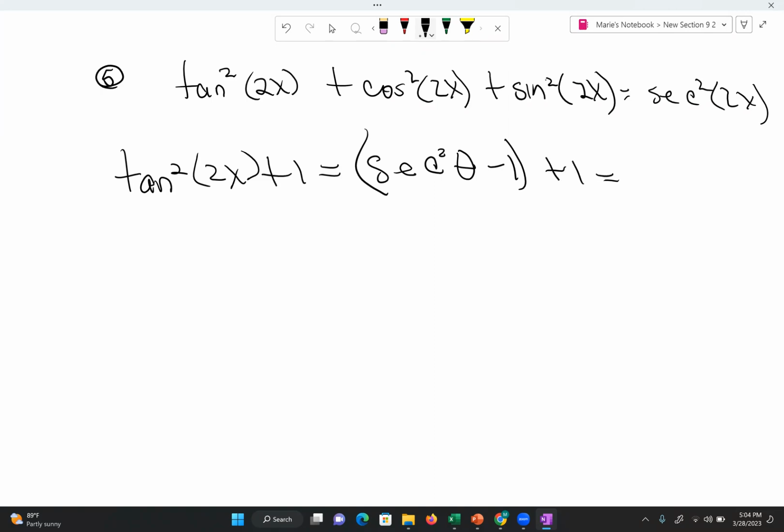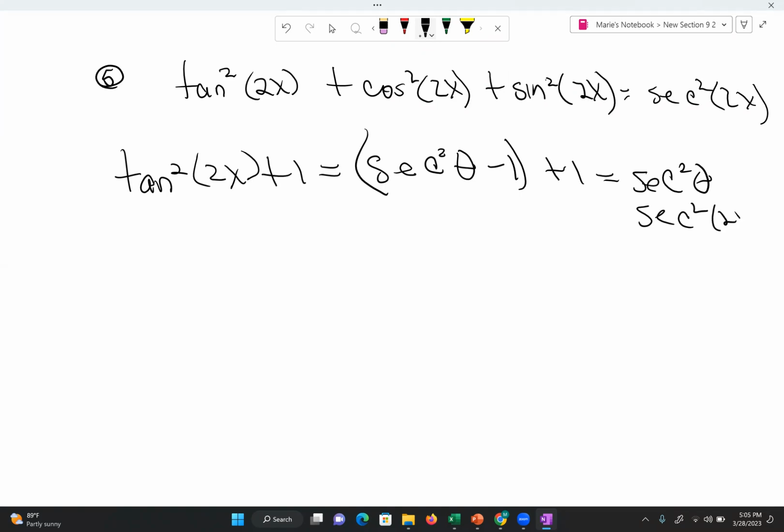And that is equal to secant squared theta. And theta can be the 2x, it doesn't matter. What I need you to remember in this case, that your answer choice obviously is secant squared of the 2x, which is your final answer.